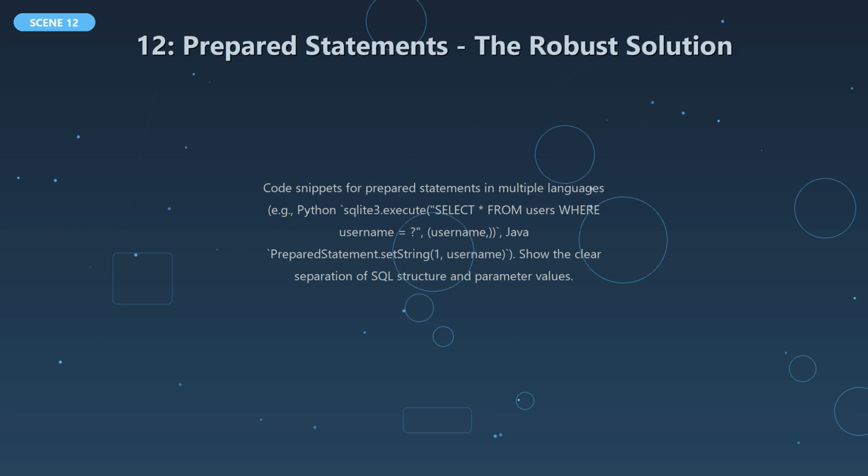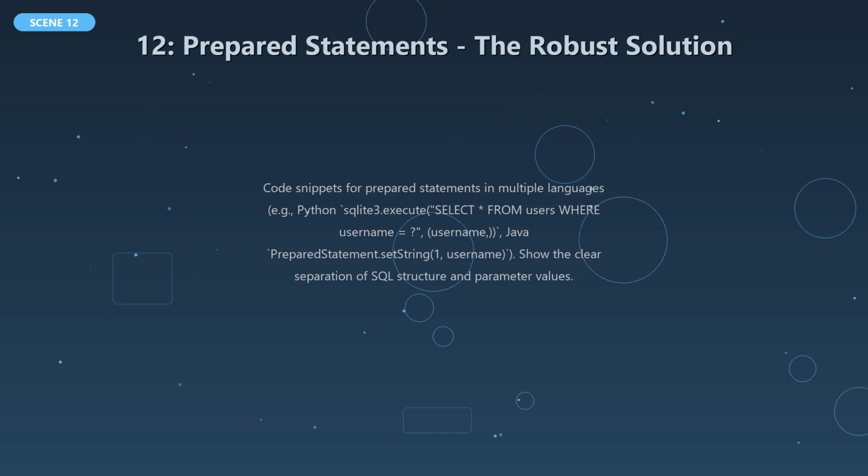The crucial part here is that the database differentiates between the query's logic and the data values. It treats the bound parameters purely as data, regardless of what characters they contain. So, if a user tries to inject ' OR 1=1 into the user_category parameter, the database will literally search for a category named "' OR 1=1", which is highly unlikely to exist, and thus, no injection occurs.